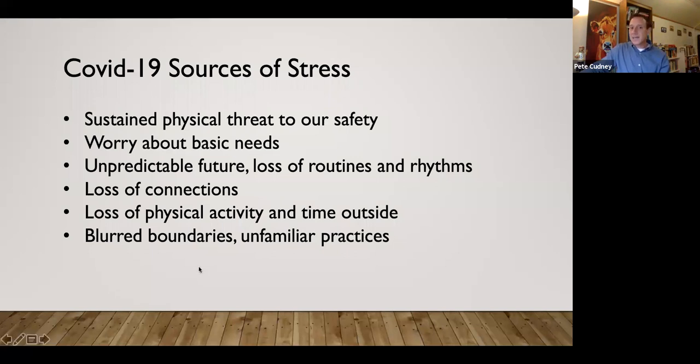For many of us, I think we've had a reduction in our typical physical activity levels and a reduction in the time that we're spending outside in the natural environment. And I'm going to talk a little bit more about these being really critical. And then there's blurred boundaries and unfamiliar practices, right? So an example of a blurred boundary, here I am at home, just like you are. You're seeing my cow, you're seeing my little hippie smoker dude.